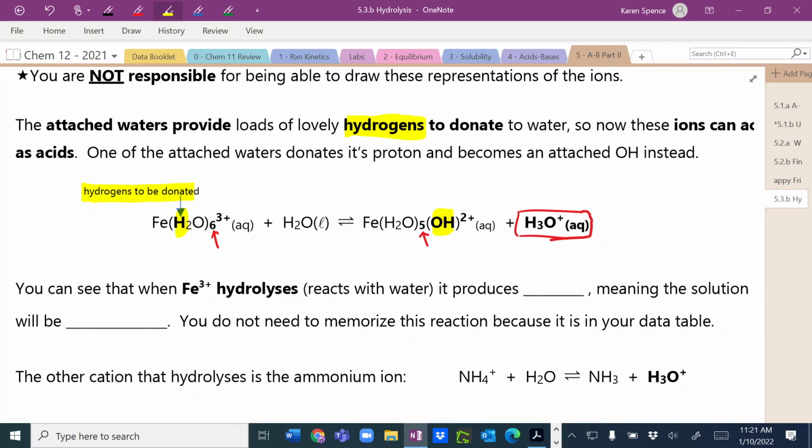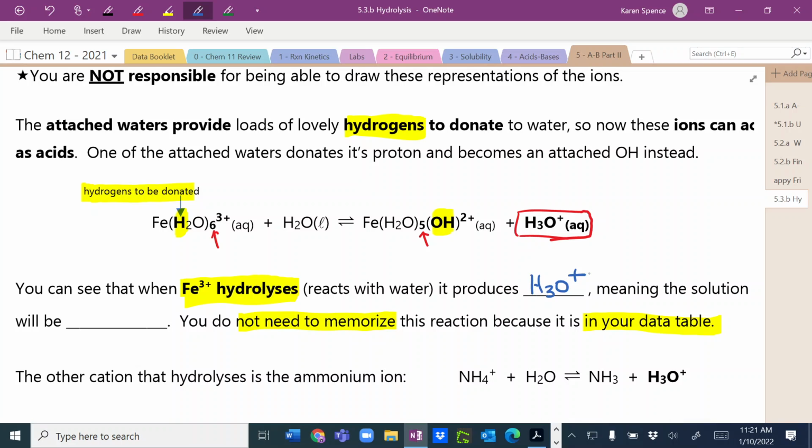You do not need to memorize this because it is in your data table. Now, we can see that when the iron hydrolyzes, it produces H3O+. If it produces H3O+, what does that mean about the solution?